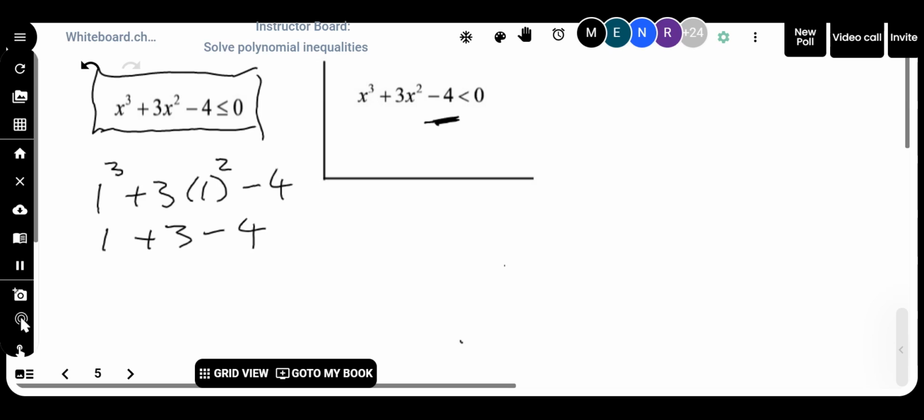So if 1 works, what is the factor then? Give me what one of the factors is if the 1 works. Putting in 1 works, x minus 1. Thank you very much. Therefore, x minus 1 is a factor.